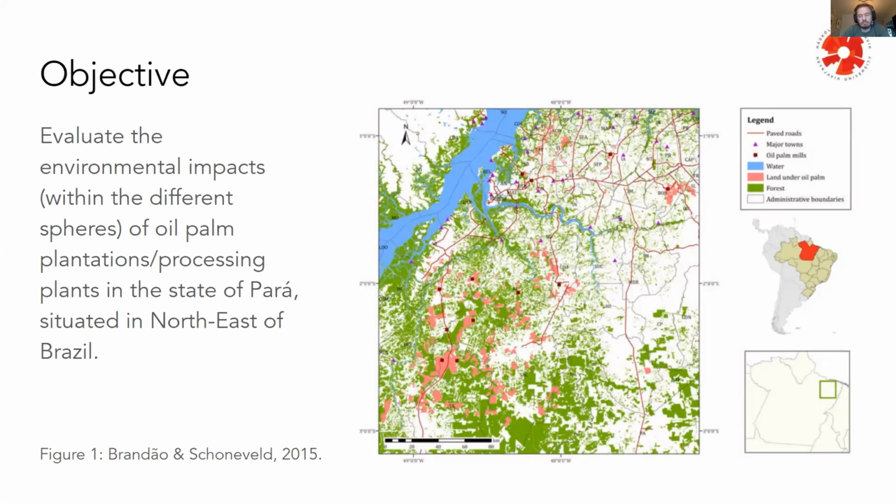You can see a little pull-out picture and a zoom in of all the major towns with where the oil palm mills are located. So it'll be interesting to see how that distribution is and what areas are affected around those mills, and what kind of policies and things of that nature to protect and what is affected in those areas.